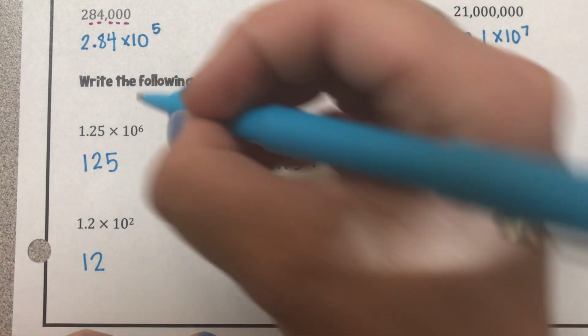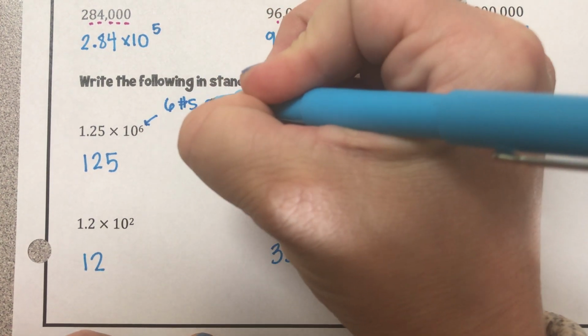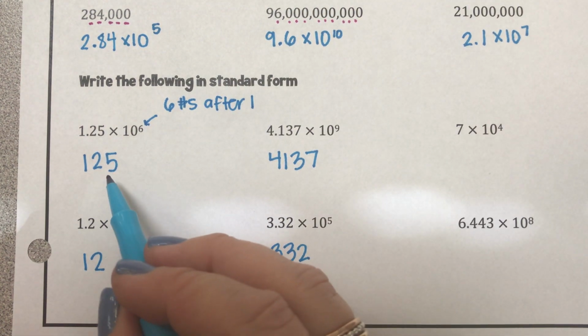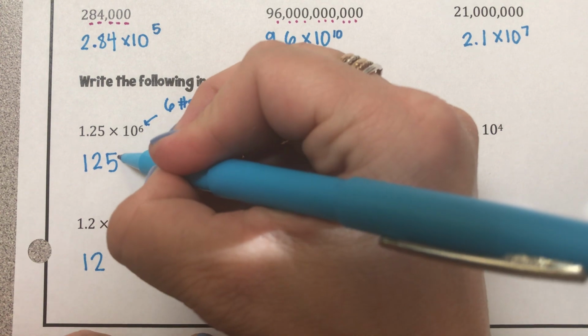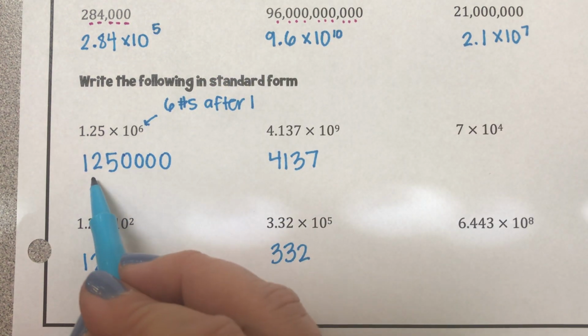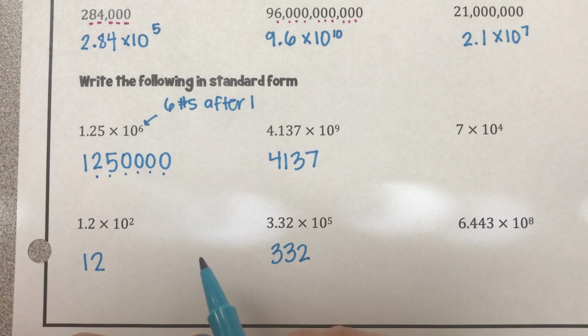So this is telling me that I should have 6 numbers after 1, right? How many are there? There's only 2. So I'm going to make it 3, 4, 5, 6. So now I have 1, 2, 3, 4, 5, 6 numbers after my first one.